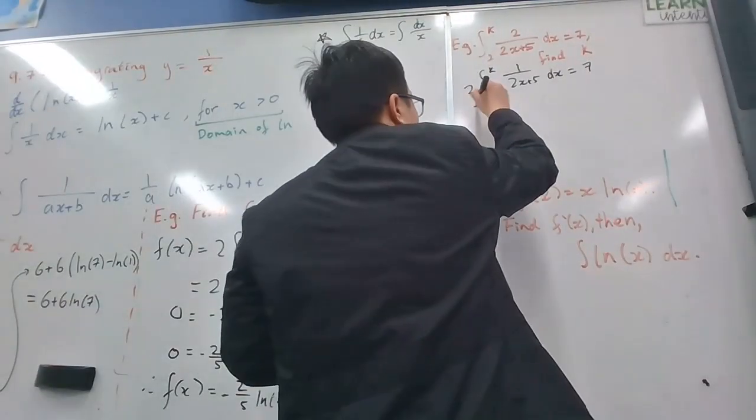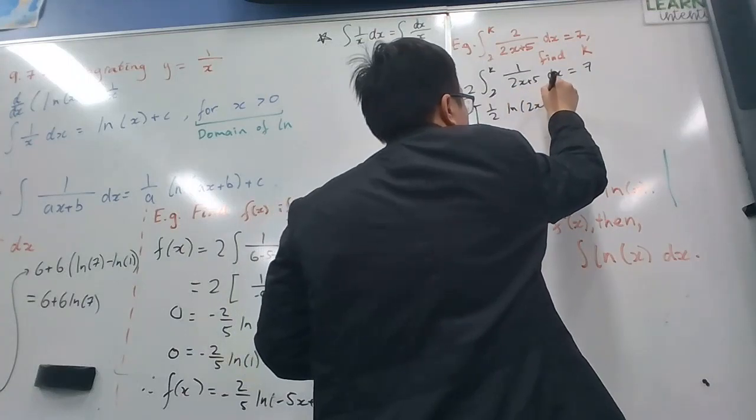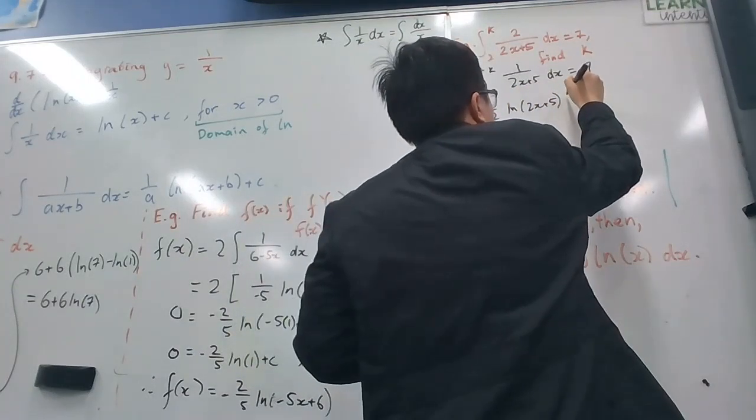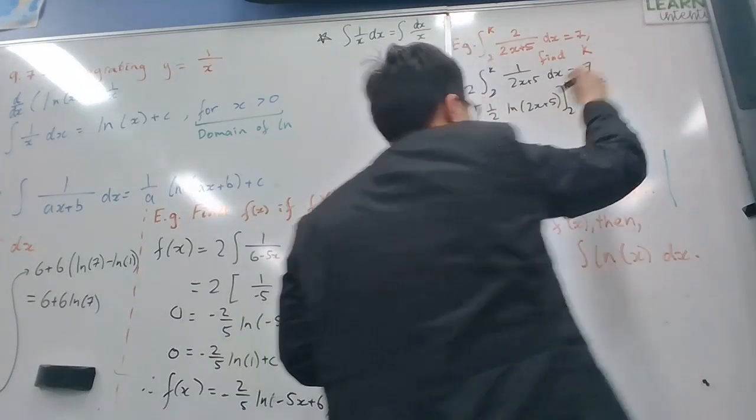Which means that when I do my integration and apply the same rule, 1 over 2 ln of 2x plus 5, from 2 to k, equals 7 over 2.